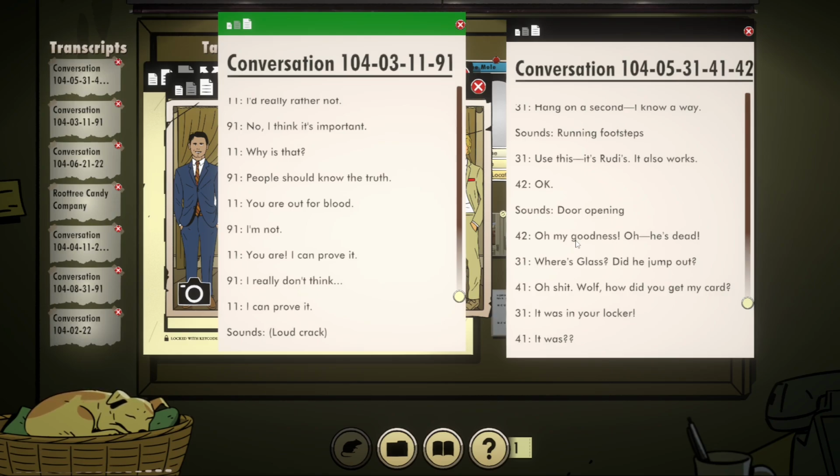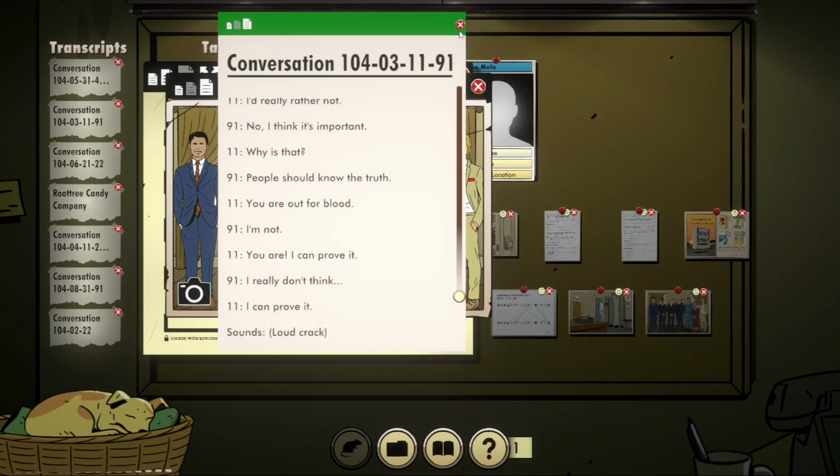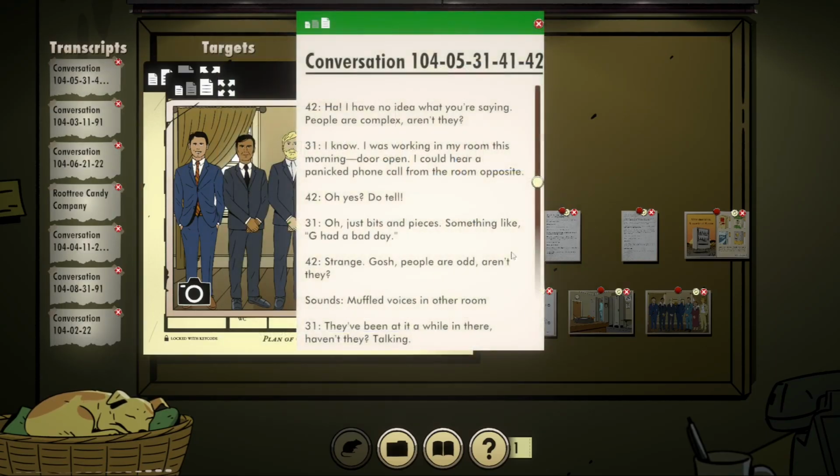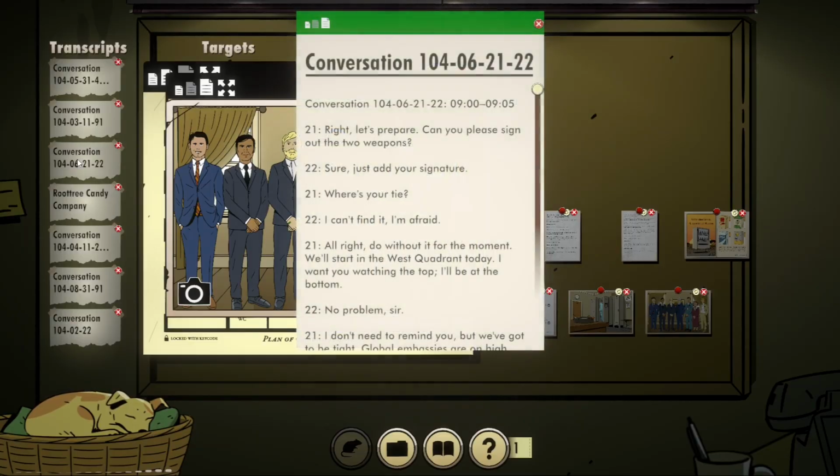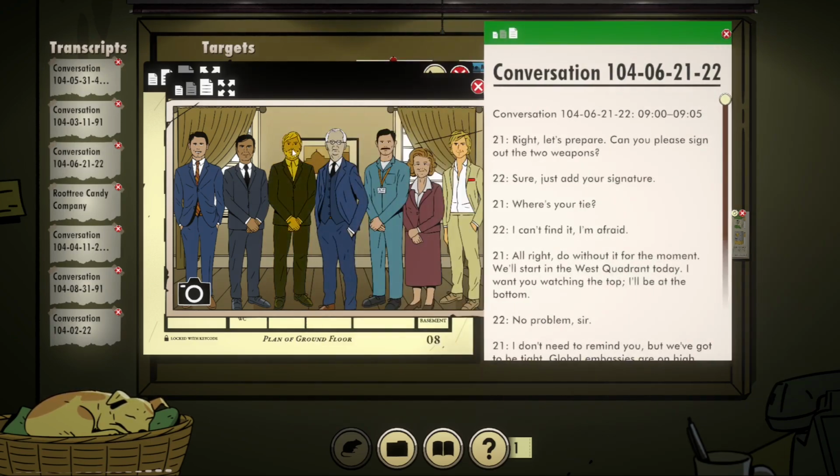Oh, how did you get my card? Oh my god. See, this is why we need to be careful when you read. Rudy is 41. You didn't say anything about a tie? Who said something about a tie? Where's your tie? 22 doesn't have a tie. So Yui doesn't have it. This is Yui.